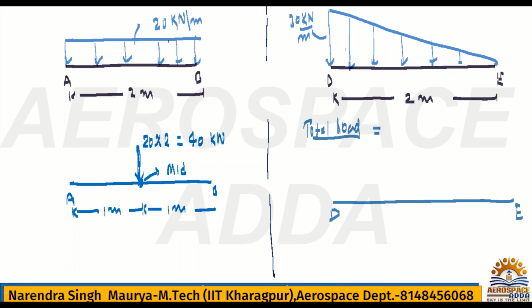This is a kind of triangle, so we have to apply the triangle area formula, one half base into height. The total load for the UVL is the area of the triangle, one half base into height, which is 30 kilonewton.